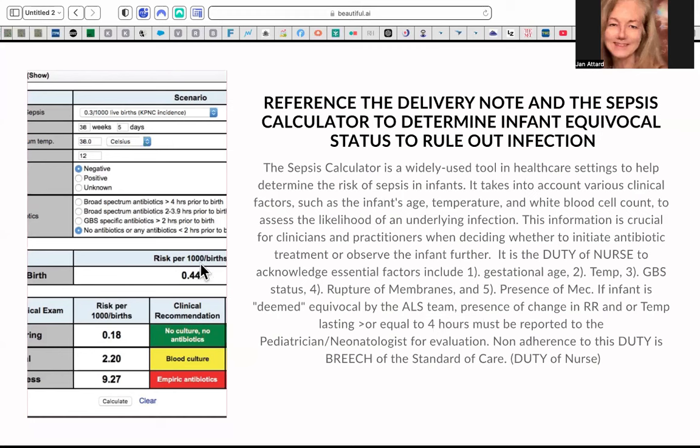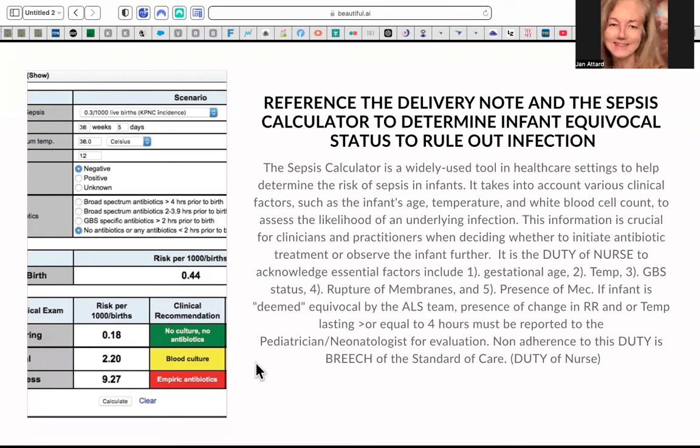So per how many births, we're going to come up with this kind of a picture, and it's green, yellow, red. If we fall into this red category, or if we fall into this yellow category, we may be doing just blood cultures, we may be giving antibiotics. And this is determined by a collaboration of all this compendium of information, the final decision made by the neonatologist.